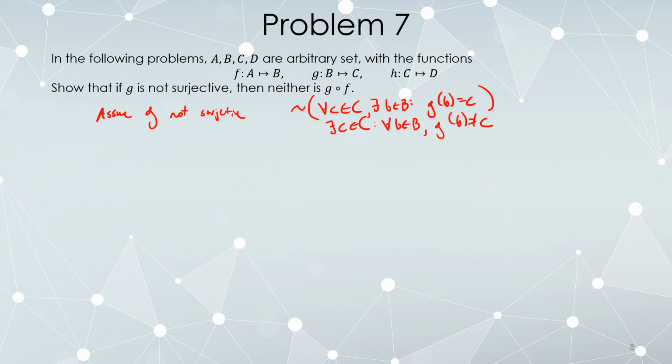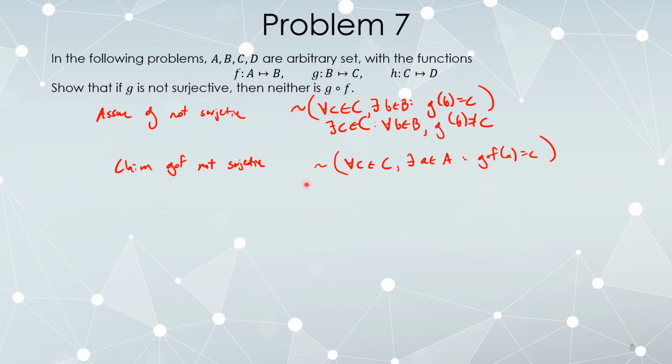We now claim, aka assert, that g of f is not surjective. Now here's what g of f being surjective would say. Remember that g of f has domain capital A. And we're claiming that this isn't true.